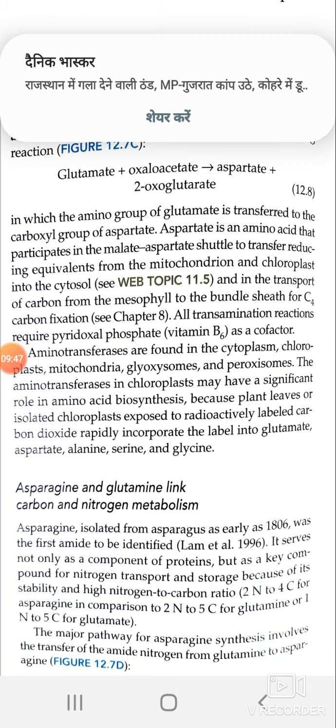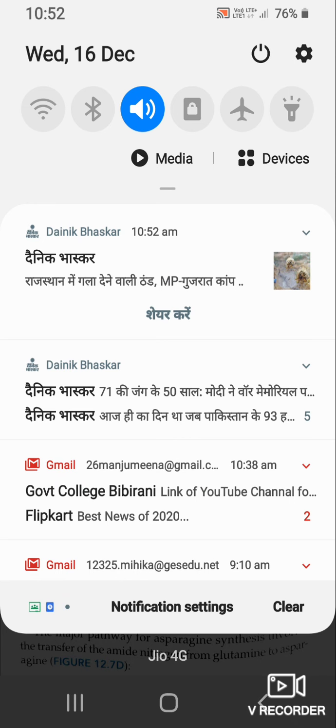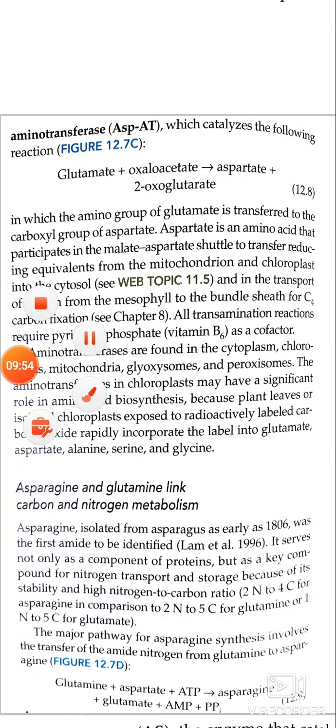Aspartate is an amino acid that participates in the malate aspartate shuttle to transfer reducing equivalents from the mitochondrion and chloroplast into the cytosol, and in the transport of carbon from the mesophyll to the bundle sheath for C4 carbon fixation.